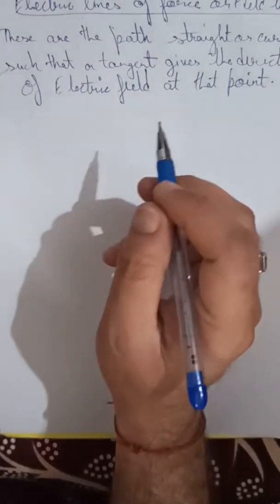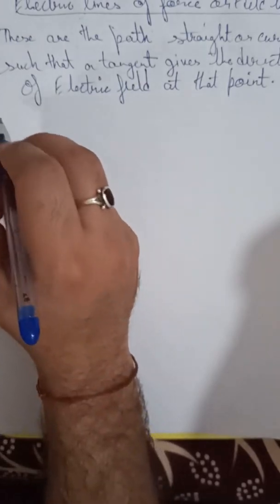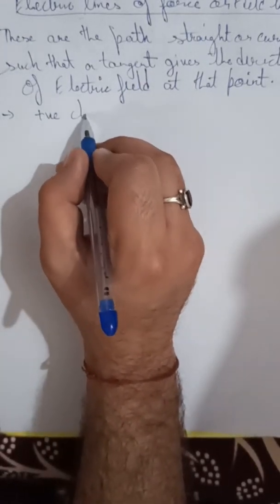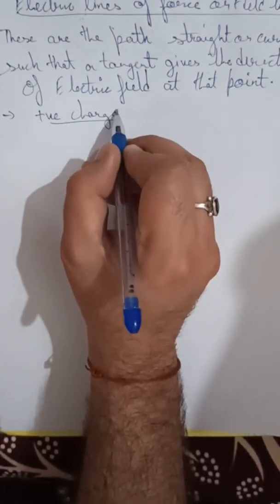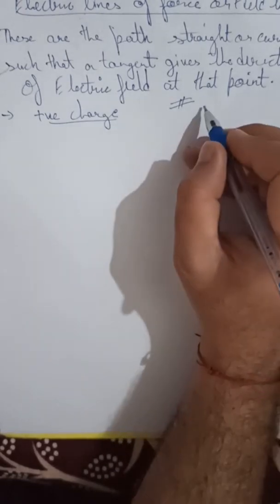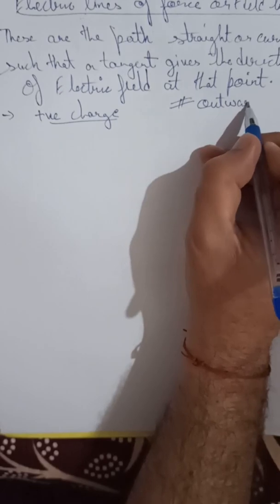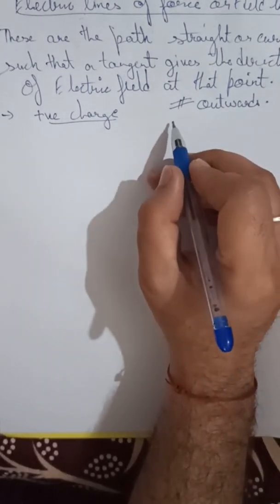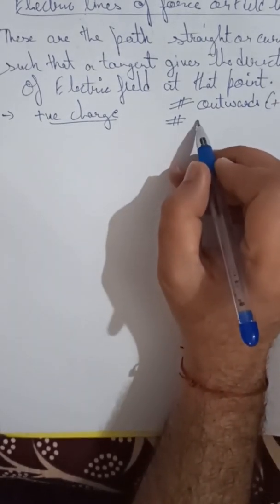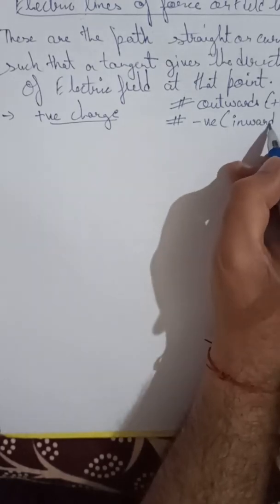So these are different for different things. Like we will talk about first of all for a positive charge. You should note down that for positive charge, electric lines of forces are always outwards, and for negative charges these are always inwards.